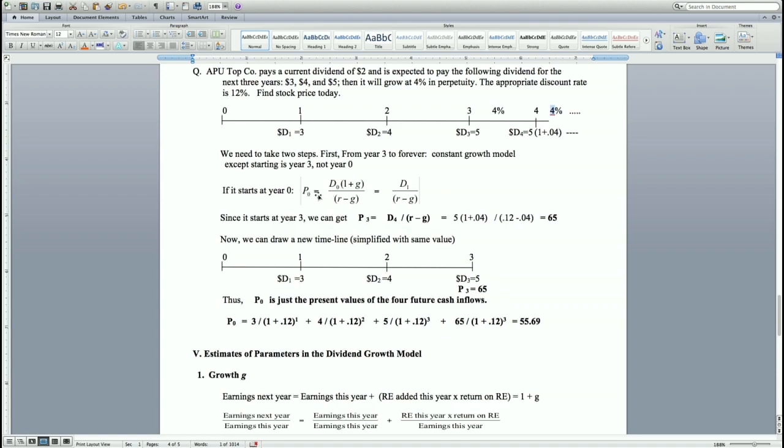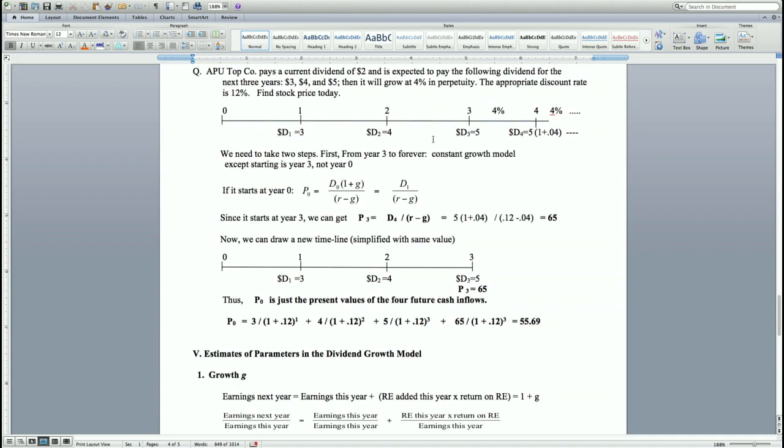P3 follows the same idea: the next dividend over R minus G. For P3, the next dividend will be D4. Year 3, the next dividend is year 4. So D4 over R minus G. That's the P3 formula.